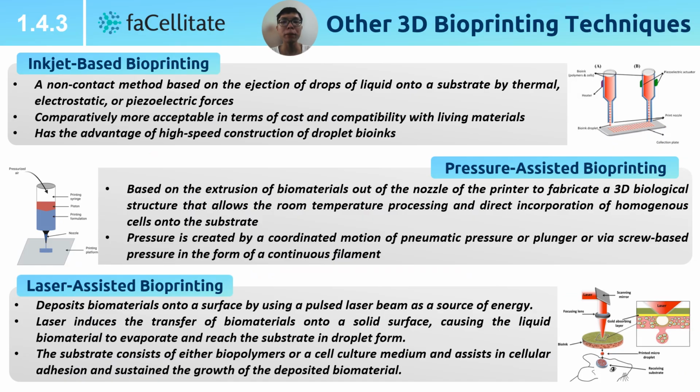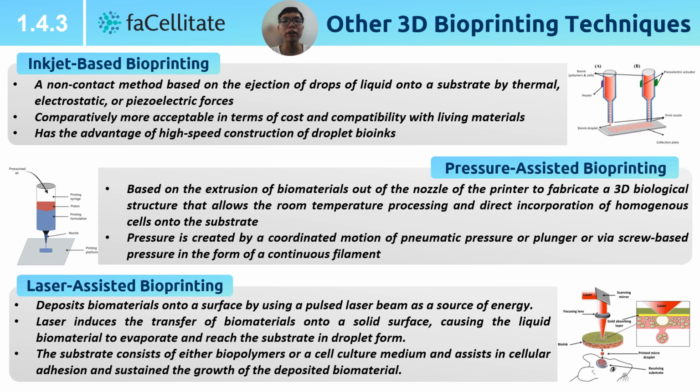Other 3D bioprinting techniques include inkjet-based bioprinting, which is a non-contact method based on the injection of drops of liquid onto a substrate by thermal, electrostatic, or piezoelectric forces. Next is pressure-assisted bioprinting.